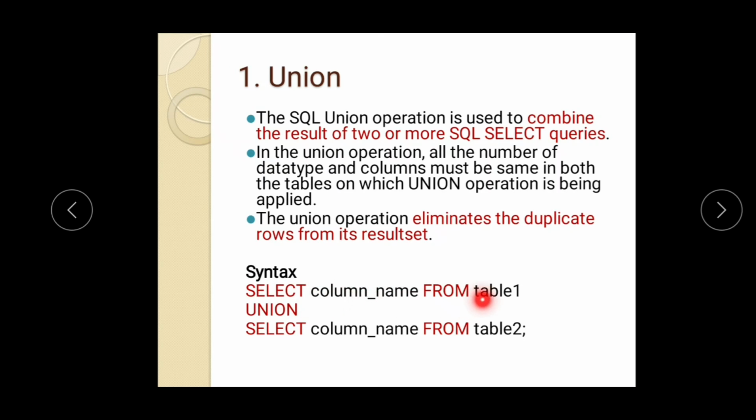This is the syntax: select column name from table 1, union, select column name from table 2. When we execute this statement, all the values of column name from table 1 as well as column name from table 2 will be combined into a single table.